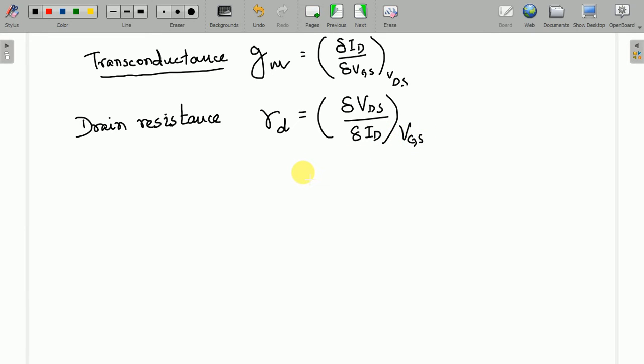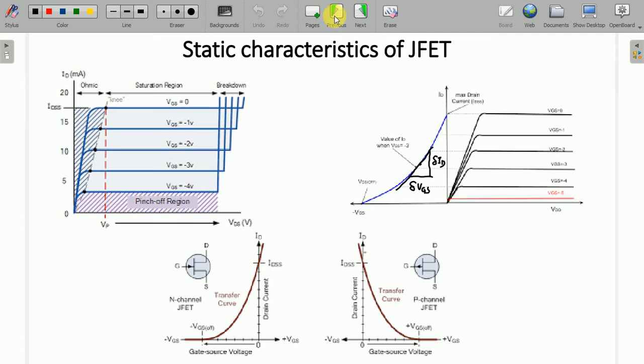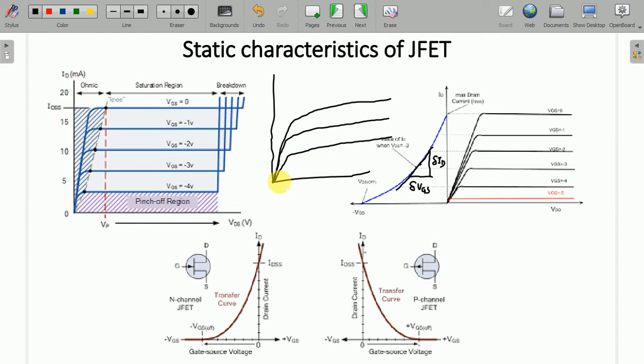This is drain resistance. How can this be plotted? We can go back to this curve. I told you these curves are not that flat in reality. They have this kind of a slope, and this slope keeps on flattening slowly with the increasing value of negative VGS. ये धीरे धीरे flat होता जा रहा है.